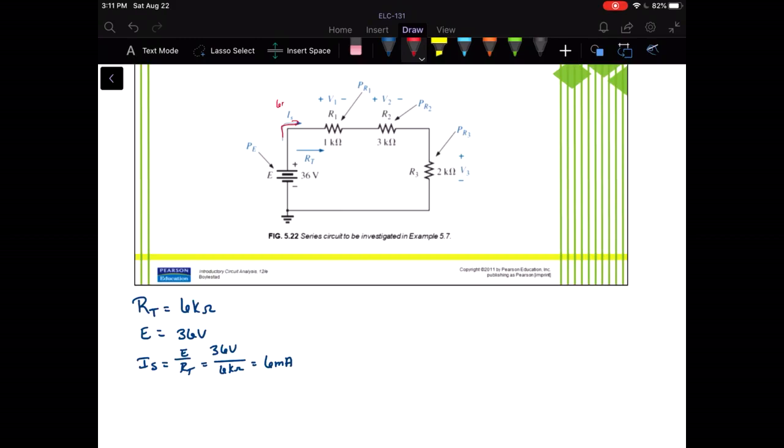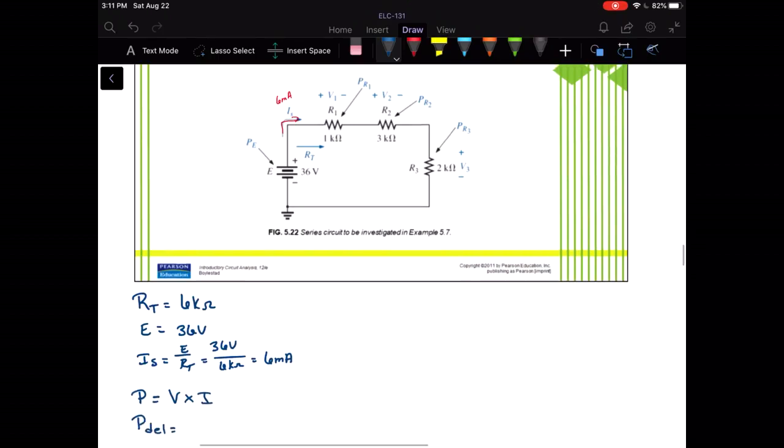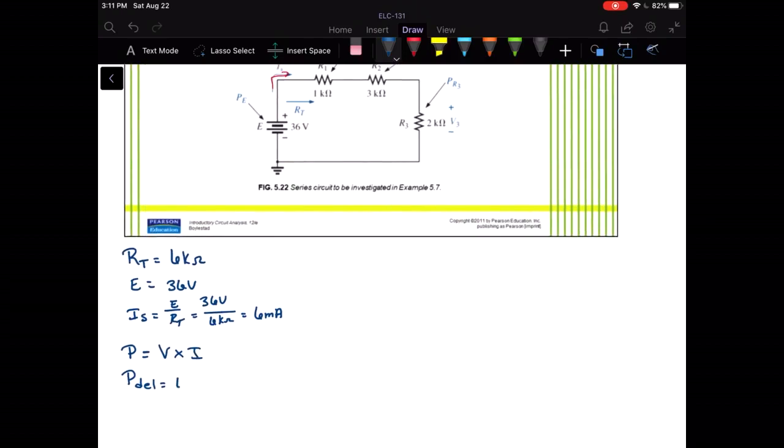So I'm just going to make a note of that, 6 milliamps. And that's the current through each of our resistors as well. So when we're finding power, remember from chapter 4 that power is equal to voltage times current. So if we're talking about the power delivered to our circuit, then we're actually talking about E times I sub S, or the source current delivered by the source itself.